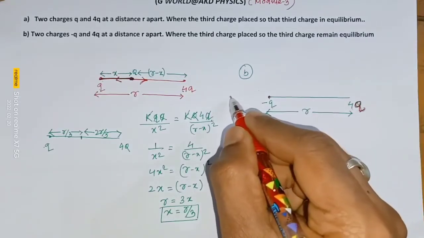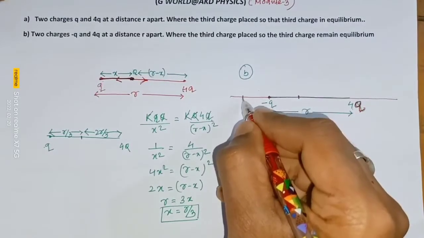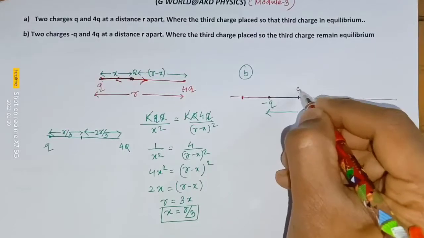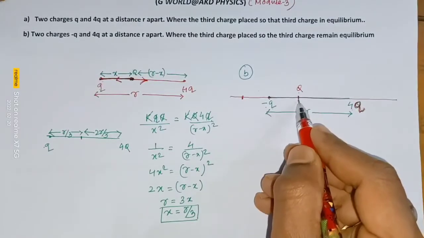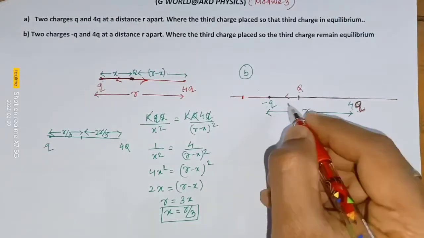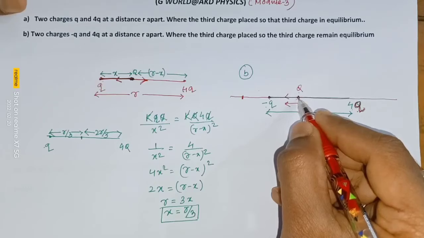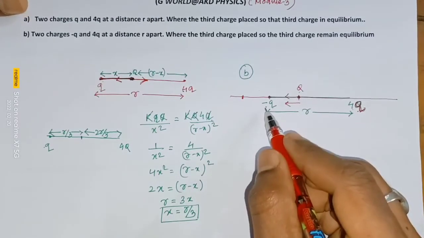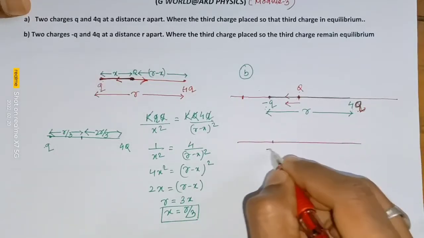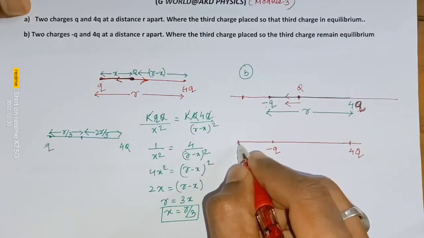But near the smaller charge there are two possibilities: it can lie here or it can lie here. Let's check here. This is minus Q, this is plus 4Q. The minus Q will attract, and the positive 4Q will repel, so at this point the equilibrium is not possible. When the polarities are different, the equilibrium point is still nearest to the smaller charge, but it lies outside.